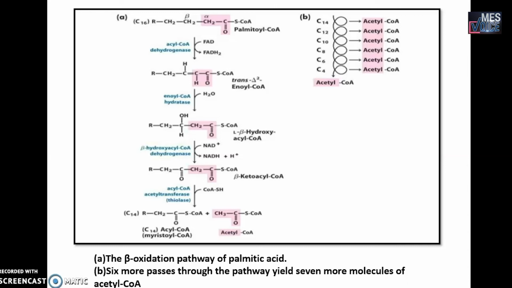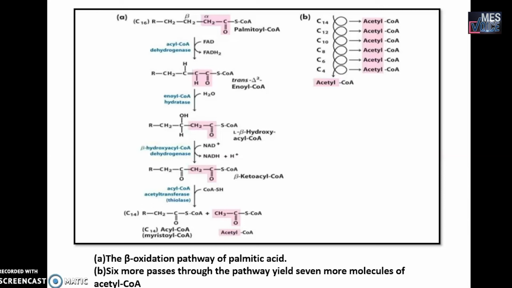Then the third step is again oxidation, the second oxidation, catalyzed by beta hydroxyacyl CoA dehydrogenase, which has NAD plus as coenzyme. Here also NAD plus accepts 2 hydrogen atoms and forms NADH plus H plus, and the resulting product is RCH2 C double bond O CH2 C double bond O SCoA, that is beta ketoacyl CoA.